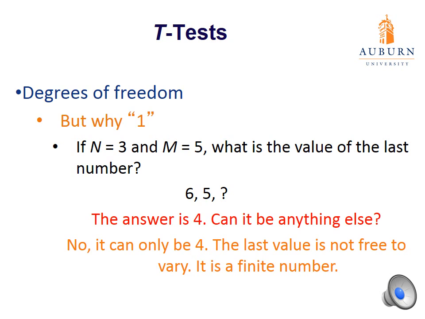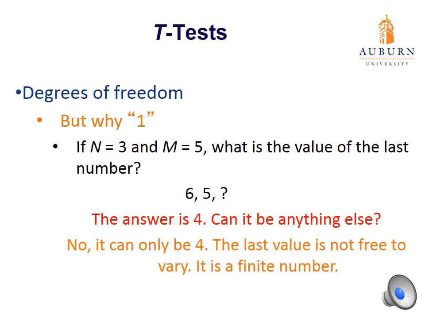It can't be anything else. It's a finite number. So if my number of observations in my sample is 5, then 4 numbers are free to vary infinitely, and 1 number is finite. It is not free to vary. If my sample size is 10, then I have 9 numbers that are free to vary infinitely, and only 1 number that is not free to vary, that very last number.